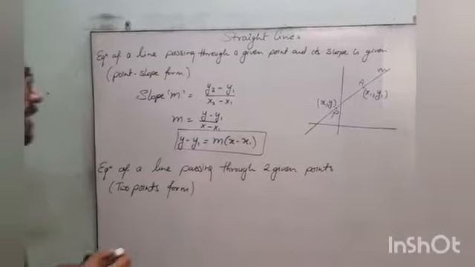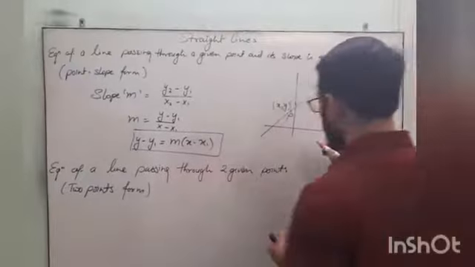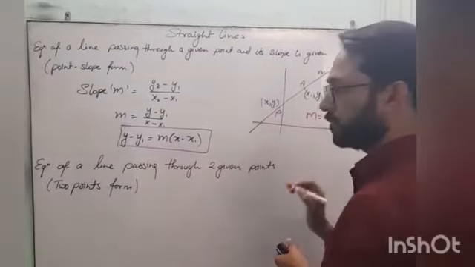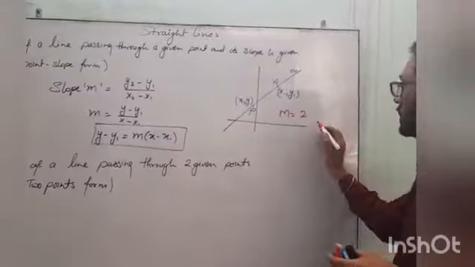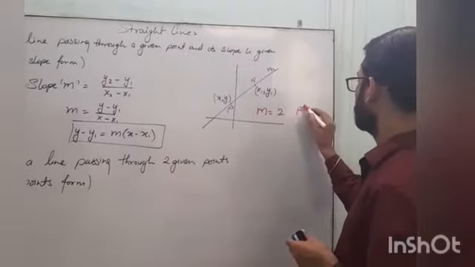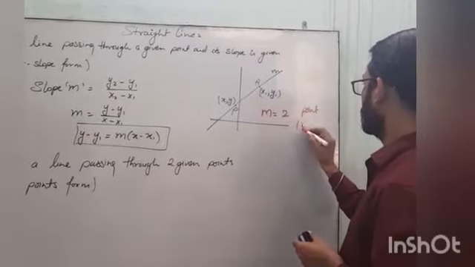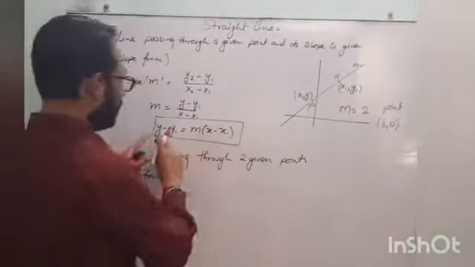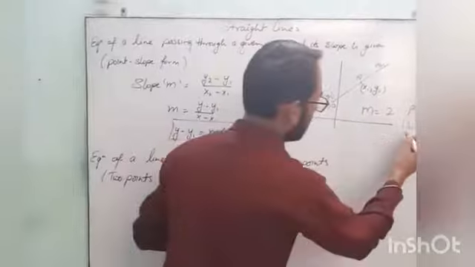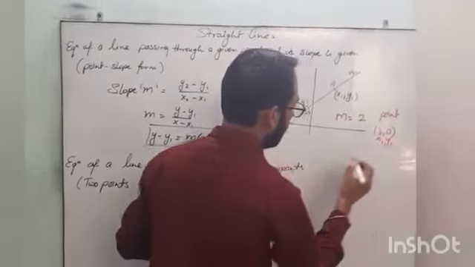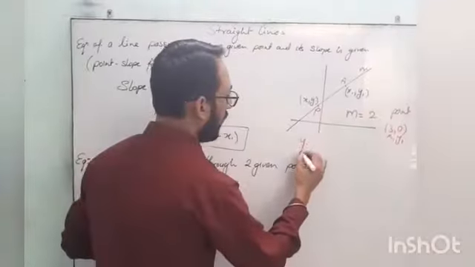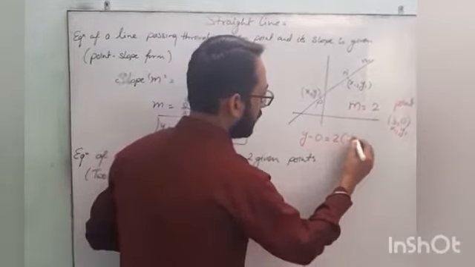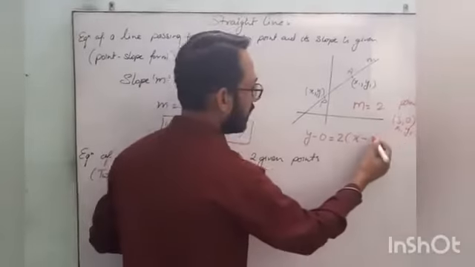For example, I am giving you one example. If we have been given slope m as 2 and the point is given to us as 3, 0, we are going to calculate this equation. So y minus y1 equals m times x minus x1. This will be x1, y1. So it will be y minus 0 equals m times x minus x1, and x1 is 3.